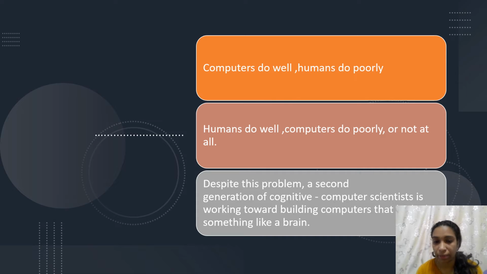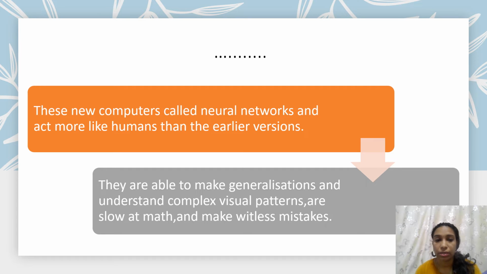Despite this problem, a second generation of cognitive computer scientists is working toward building computers like a brain. These computers are called neural computers, and they act more like humans than the earlier versions. These were the advanced versions.